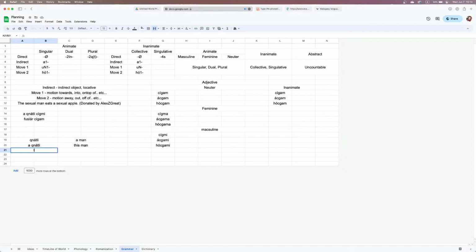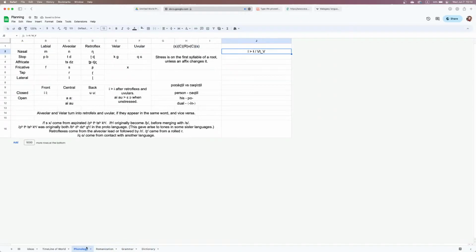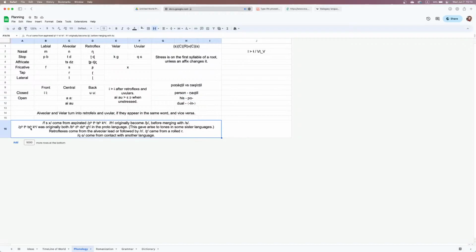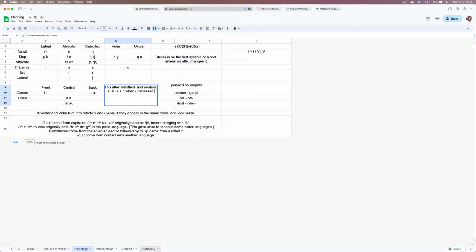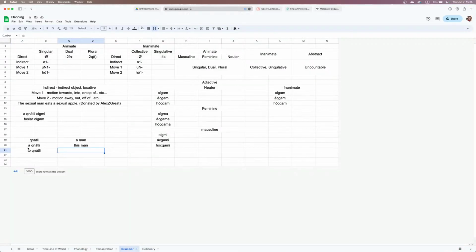Then let's do knotly. So it's unstressed, which means the vowels become... Oh, I could have sworn... oh, there they are. Vowels become a and o, so that's unstressed. That man. You. Other.